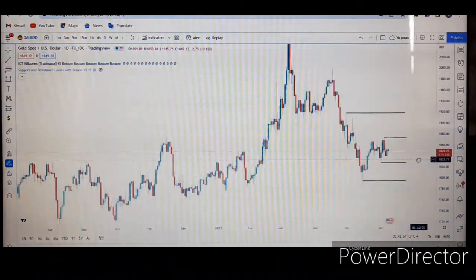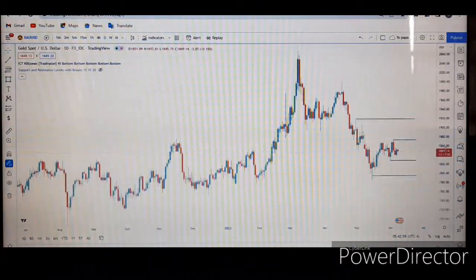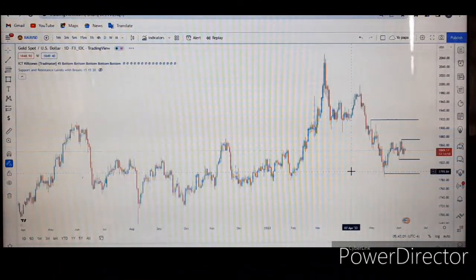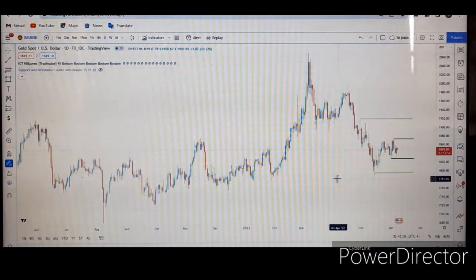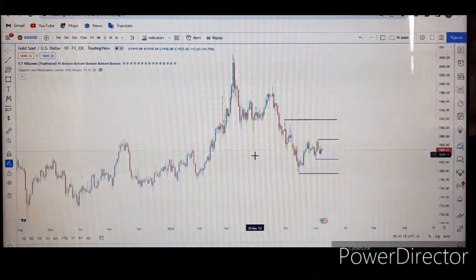But first of all, when you're looking at the daily time frame, remember, you must have maybe 3 to 4 weeks of clear chart that you can see. That's one thing you should remember. You'll have to look at what happened over here, but our main focus is right here, where the market price is at the moment.